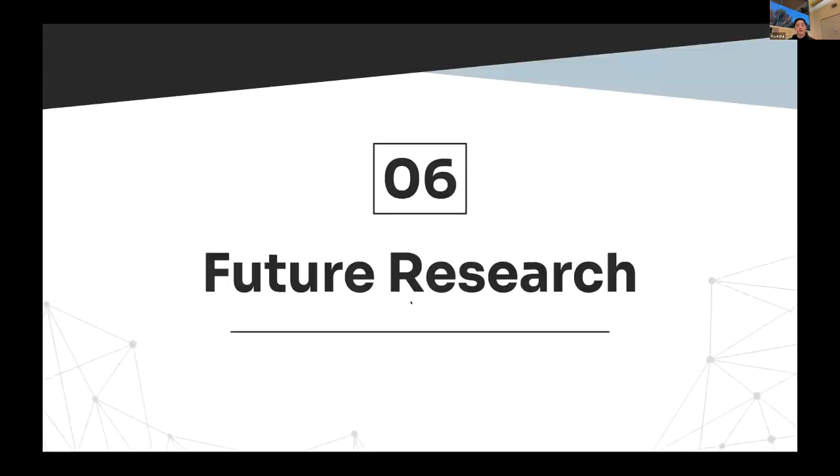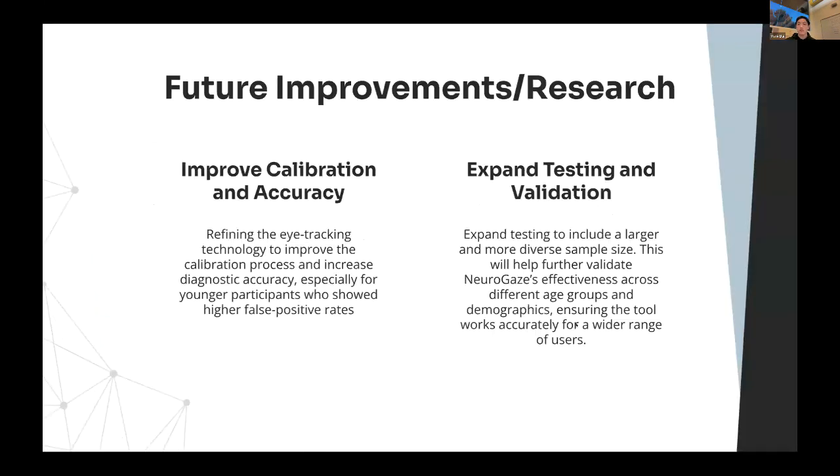Now we're going to cover our future work, what we want to work on in the future. There are 2 parts for improvement. First of all, improving calibration and accuracy. Like I said before, we set our minimum bar of calibration to 75%.